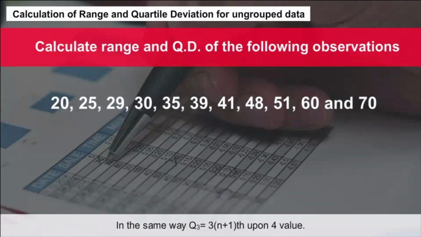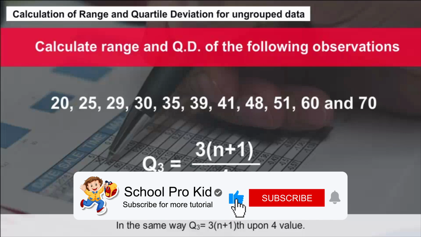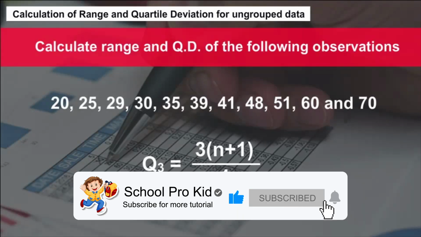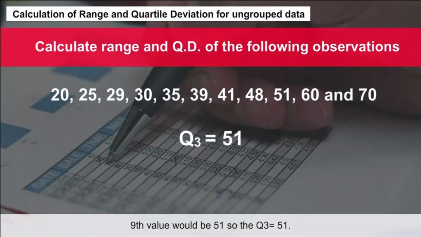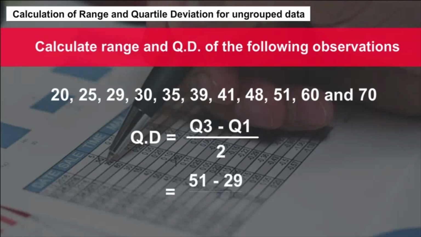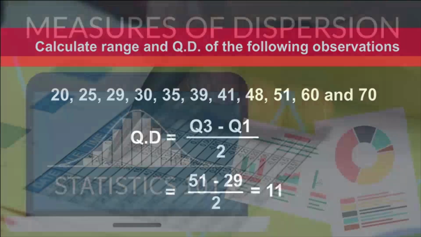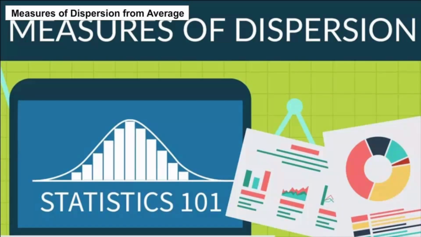In the same way, Q3 is equal to the 3(n plus 1)th upon 4 value. The ninth value would be 51. So, Q3 is equal to 51. QD is equal to Q3 minus Q1 upon 2, which is equal to 51 minus 29 upon 2, which is equal to 11.